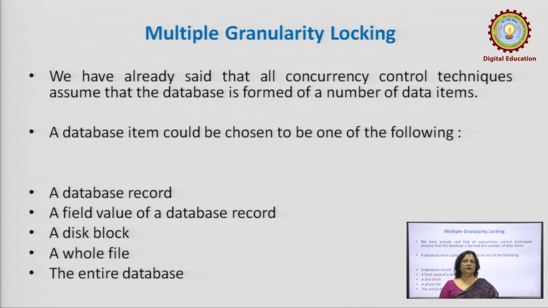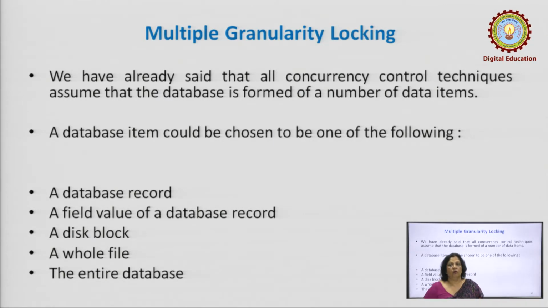Our next locking technique that we will study is the multiple granularity technique. We have already seen earlier that a data item can be chosen to be any one of the following. It can be a database record, a field value of the database record, a disk block, a whole file, or the entire database.